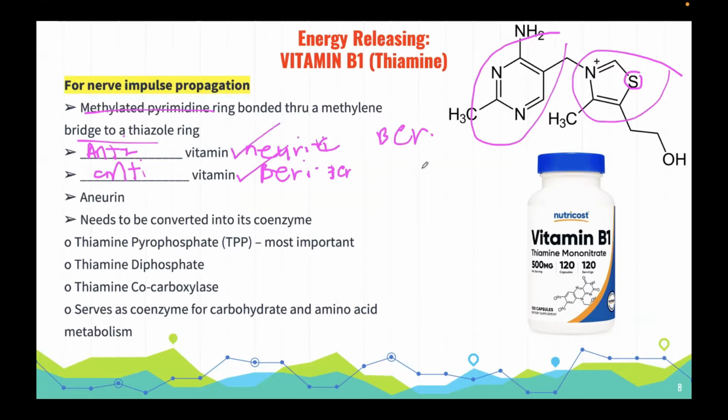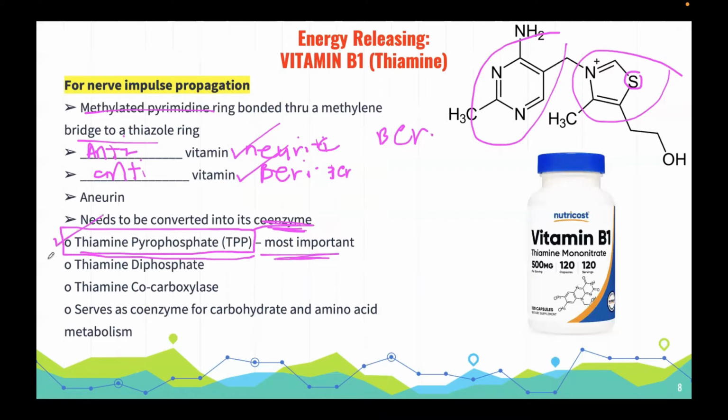So what else? Your vitamin B1 needs to be converted into its coenzyme. Remember, our vitamins can serve as coenzymes and cofactors. So we have different forms of vitamin B1. The most important is thiamine pyrophosphate, or TPP. Familiar with TPP? Again, this is the most important form of our vitamin B1 or thiamine. Next is thiamine diphosphate.